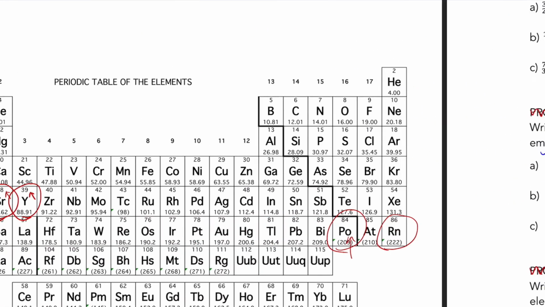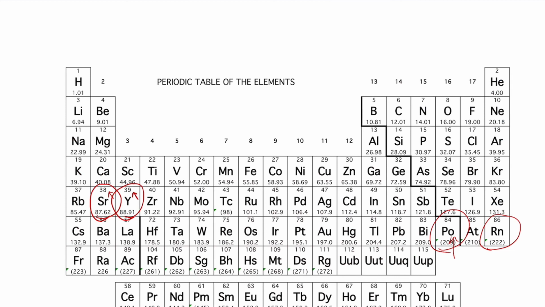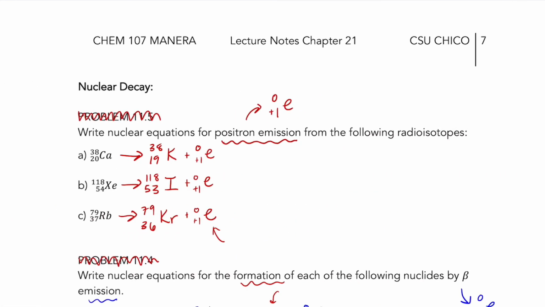So 30, 50, and 36. 30 is zinc, 50 is tin, and 36 again is krypton. So zinc, tin, krypton.